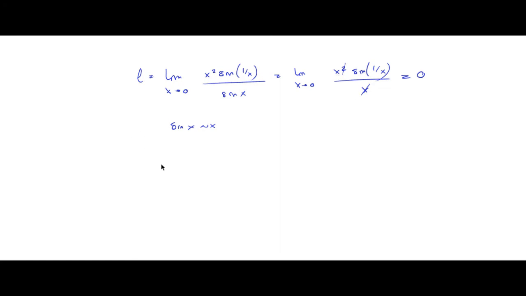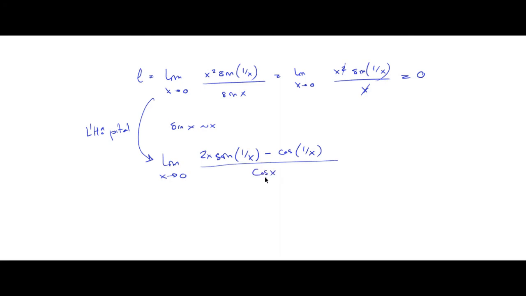Now we try to compute this using L'Hopital's rule, okay? Well, we differentiate the numerator. We have 2x times the sine of 1 over x, and then we have minus 1 over x squared times x squared gets 1, and so you have minus the cosine of 1 over x divided by the cosine of x, right?